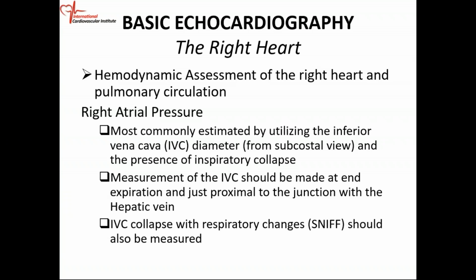So the most common method to estimate the right atrial pressure is in the subcostal view, you look at the IVC and you want to measure the diameter. You want to measure the diameter of the IVC, okay? And you also want to determine if there is inspiratory collapse and the degree of inspiratory collapse of the inferior vena cava.